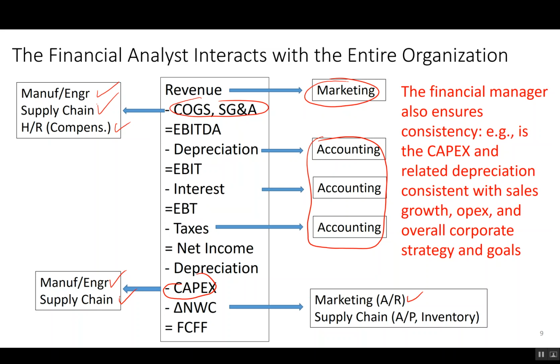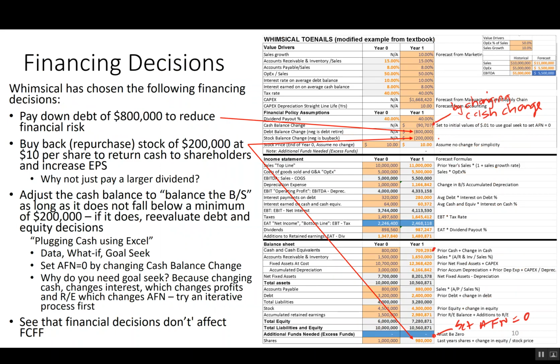What are the payment terms? And then you're going to work with supply chain to figure out how much inventory and payables they need. So as the financial manager, you're interfacing with the entire corporation to come up with this forecast. And again, we've done our first pass forecast, so what we have is no changes in cash, debt, and equity.